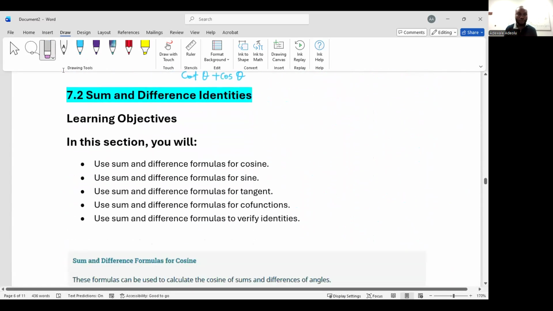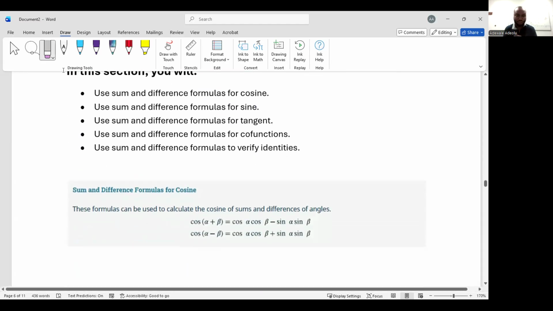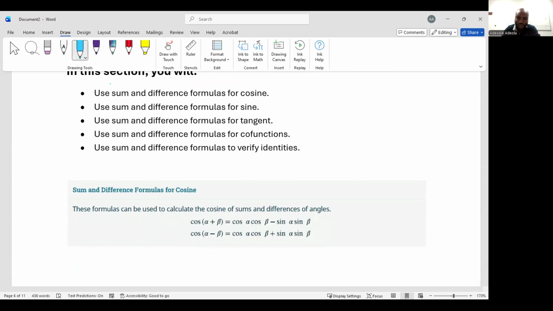Now, we will start this section, sum and difference of identities. So in this place, we'll be looking at situations like this, when we have two angles added together and we want to find the cosine. Here is the formula.